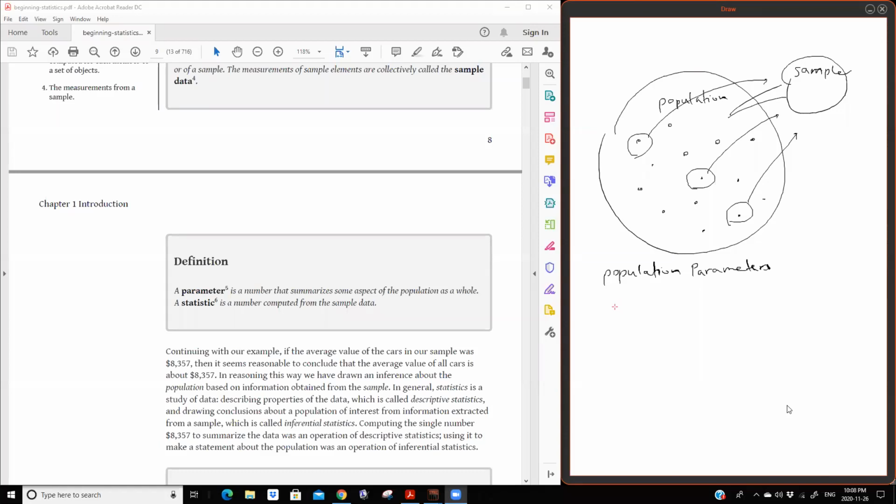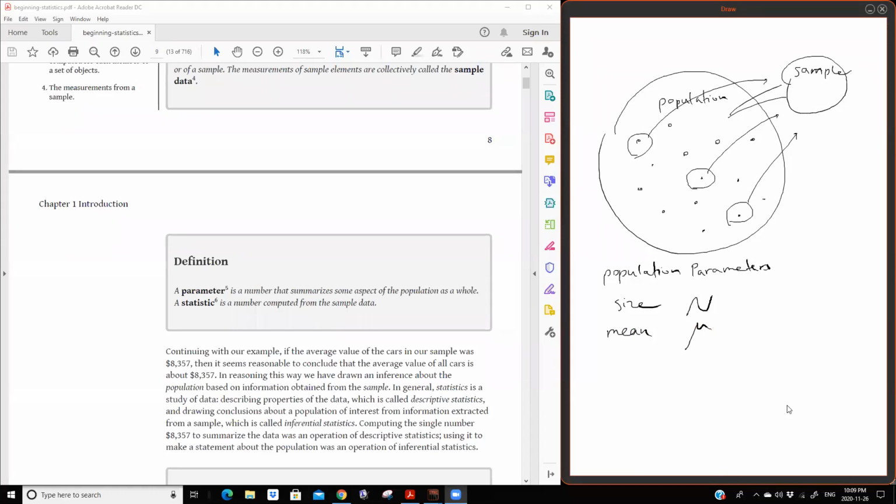One of them is the population size. Yes, we use uppercase N for that. Another parameter of the population is the mean of the population, or the average for all the individuals inside the population. So the mean, and the symbol for that is mu.